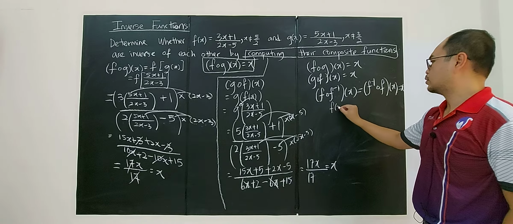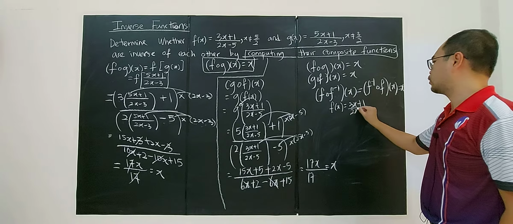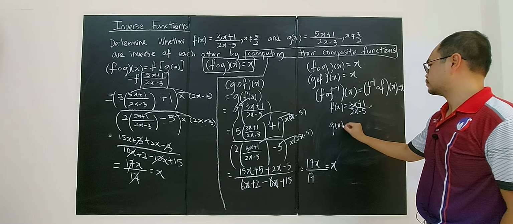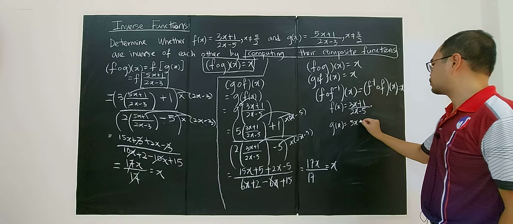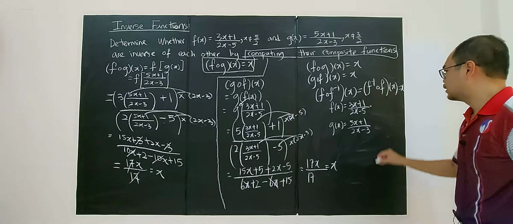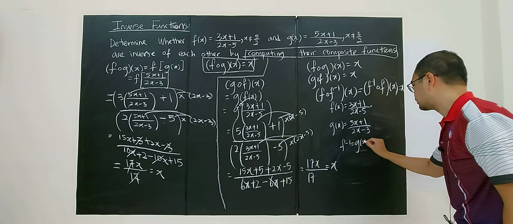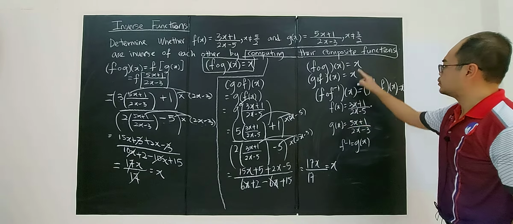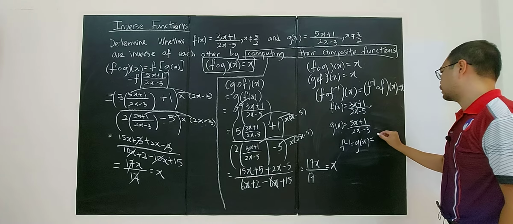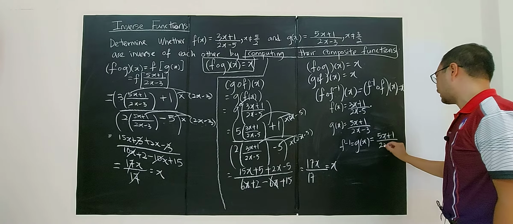Okay, you see, your F of x is 3x plus 1 over 2x minus 5, right? And your G of x is 5x plus 1 over 2x minus 3. So I can say that your F inverse will be your G of x, right? Because FG produces x, so G will be the inverse of F, which will be 5x plus 1 over 2x minus 3.